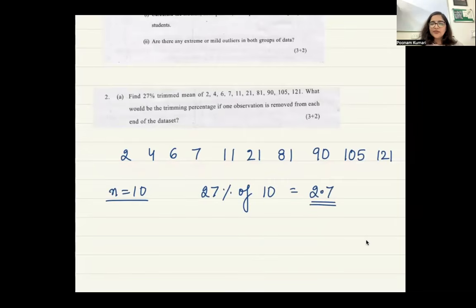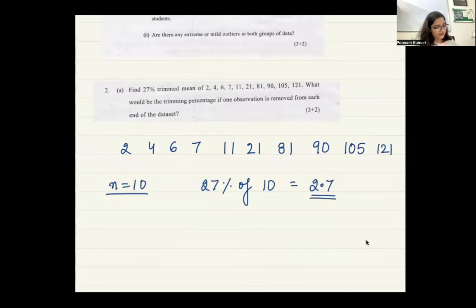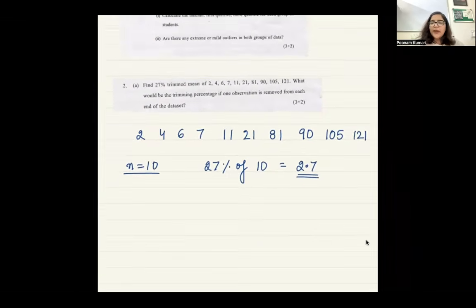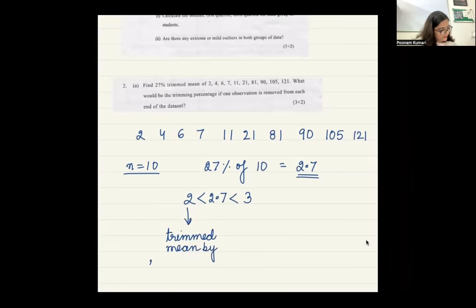Now what do we do? 2.7 is between what two integers? 2 and 3, right? So then what do you do? 2 times alpha plus 3 times (1 minus alpha) equals 2.7. Very nice. So basically, first you will find the trimmed mean by removing two observations on both sides, right?